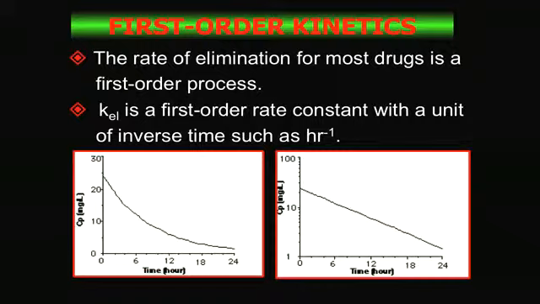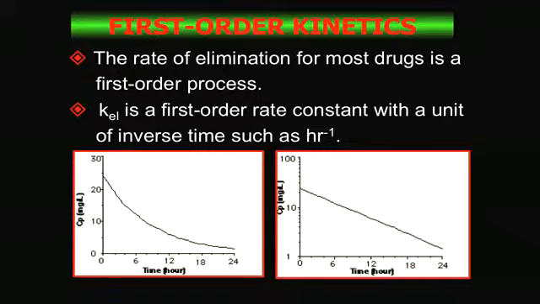So what you should notice on the chart down here on the left, I'm just plotting the concentration of drug in terms of milligrams per liter over time. And notice that I have a curve there. As time increases, the concentration of drug in the plasma decreases.